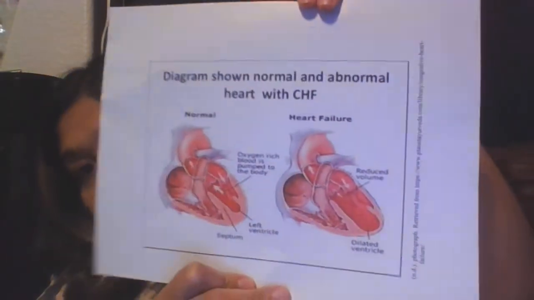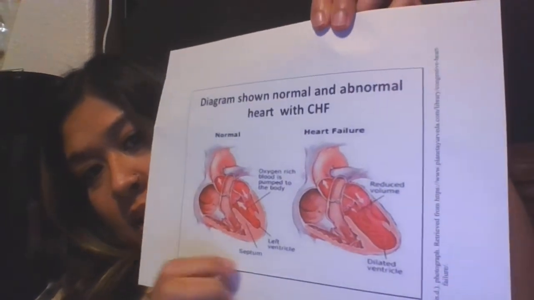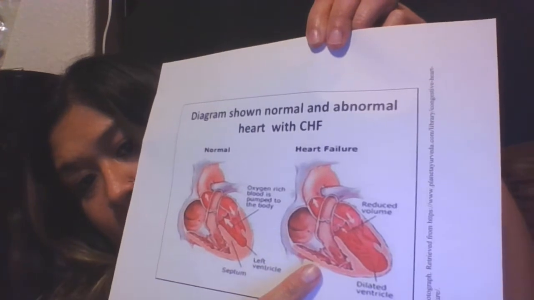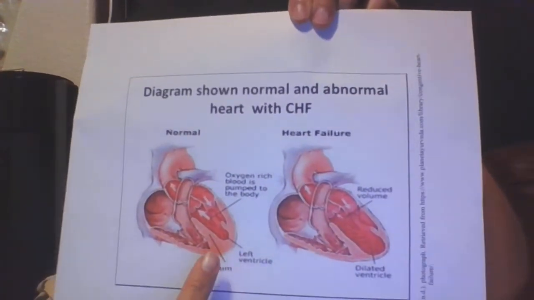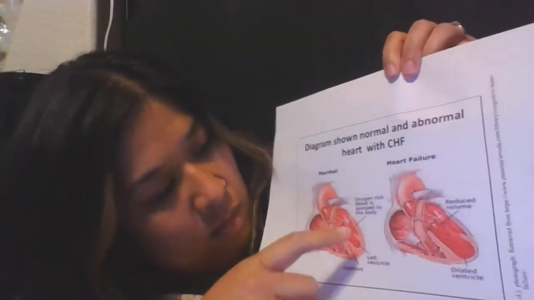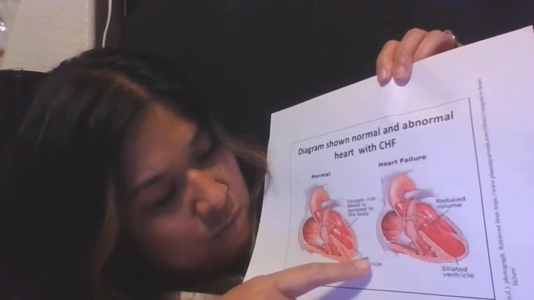I have a couple of diagrams that I wanted to show. This is the first diagram. You can see this is a normal heart, and this is a heart with heart failure. Oxygen-rich blood is pumping through the body, through the left ventricle.